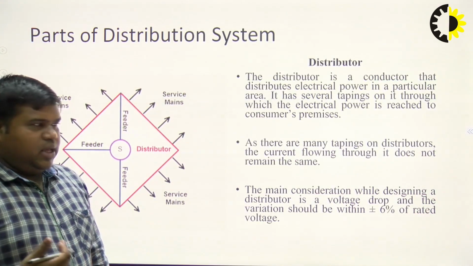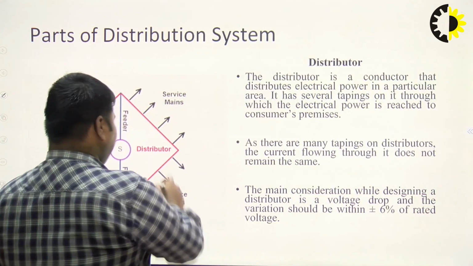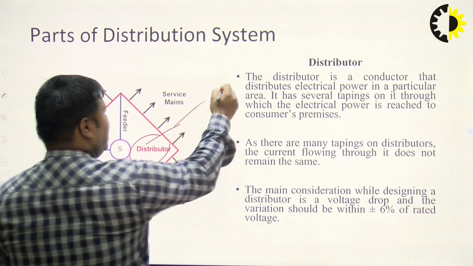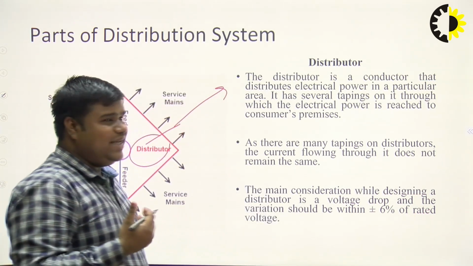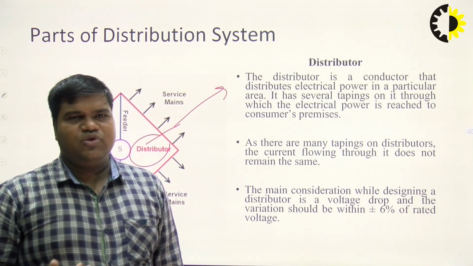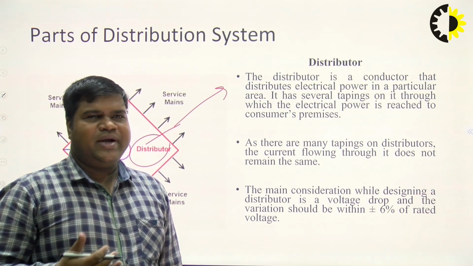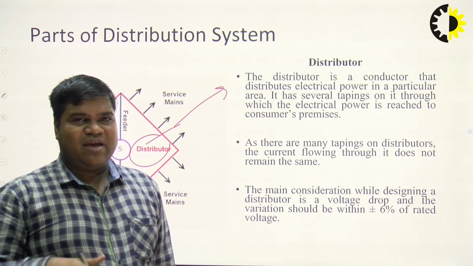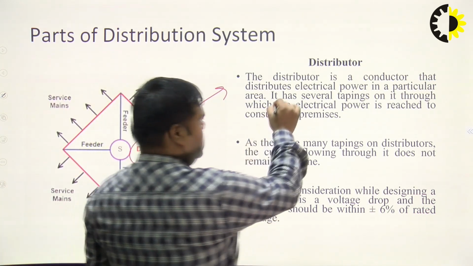Okay, and the other side is the distributor. What is a distributor? The distributor is also a type of conductor that distributes electrical power in a particular area. It has several tappings on it.